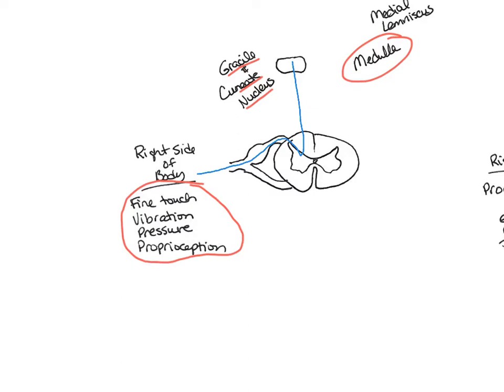So if you're getting this fine touch from your lower extremity, then it's traveling up what we call the gracile fasciculus. That's just the track to get up to that gracile nucleus. Okay, the fasciculus is the track to get up there.